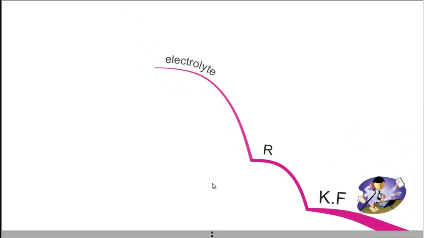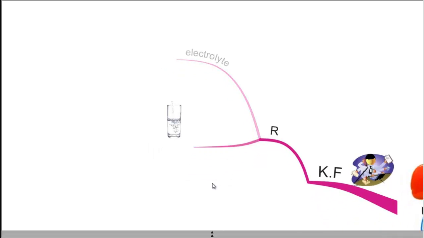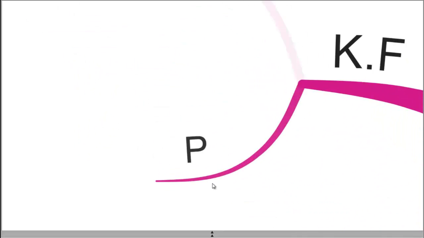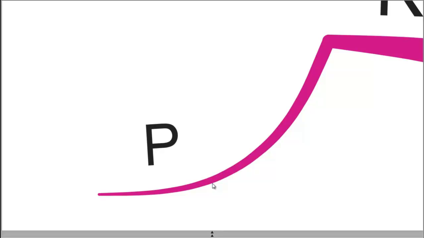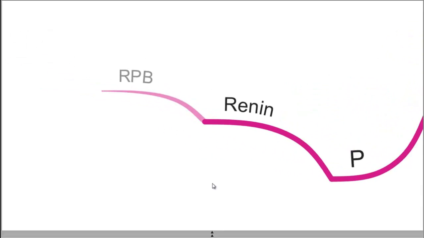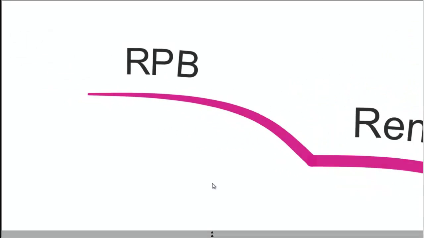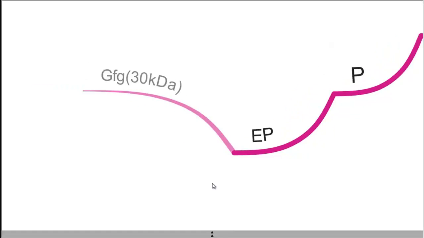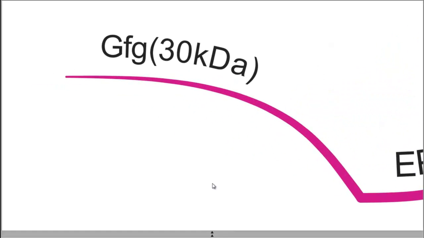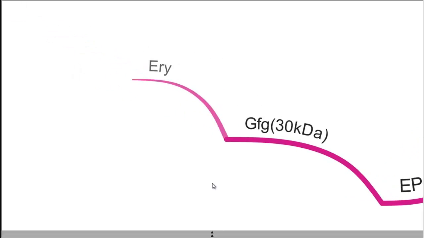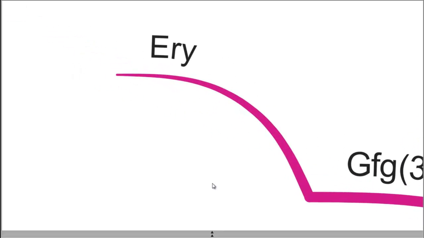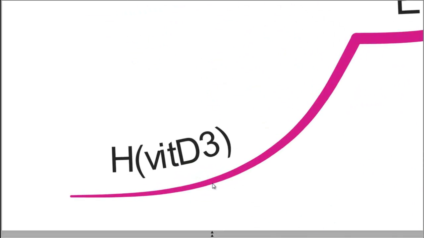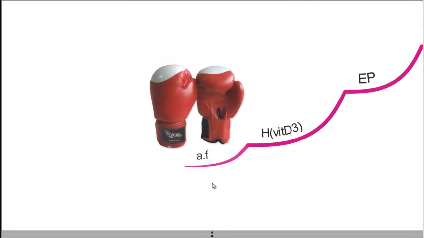And if we talk about production functions, the kidney produces renin, which regulates blood pressure, and produces erythropoietin, a growth factor glycoprotein of 30 kDa, which stimulates production of erythrocytes. The kidney also hydroxylates vitamin D3 to its active form.